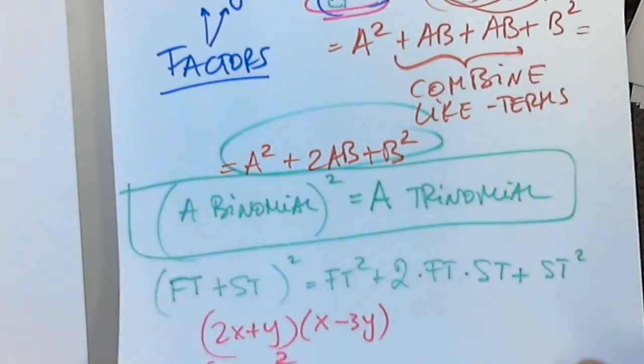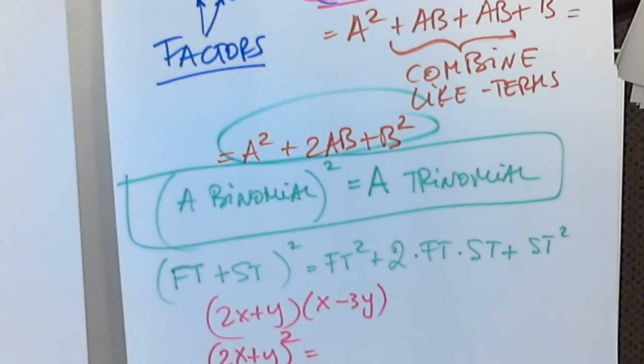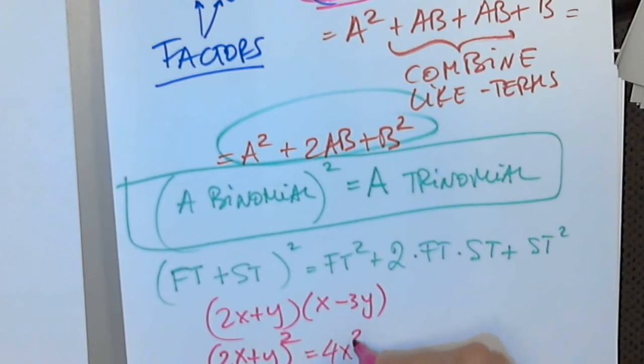So what is the answer for 2x plus y, everything squared? First term squared. What is it? Yes, but I want the answer. I have to square 2, plus. Now I have to multiply the two terms, 2x times y, times the 2 outside. How much is 2x times y?